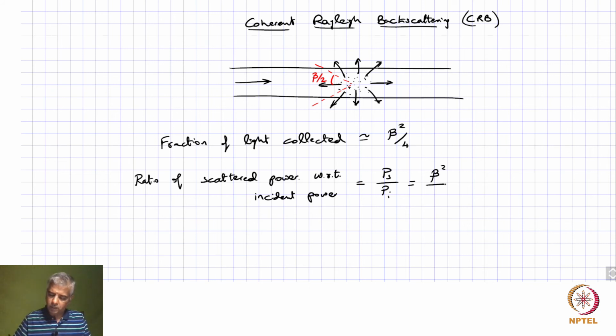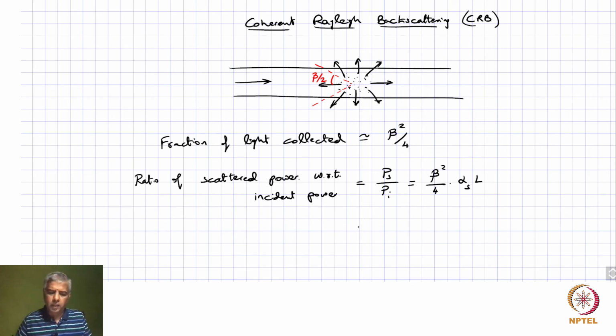So, you have beta square over 4, but the amount of scattering that's happening is determined by the scattering coefficient alpha s, integrated along the length of the fiber, where the length of the fiber, in our case the loop length, is what we have assumed as L. Of course, the scattered power, as it propagates, is given as e power minus alpha s L, but alpha s is such a small quantity that you can just approximate it like this.